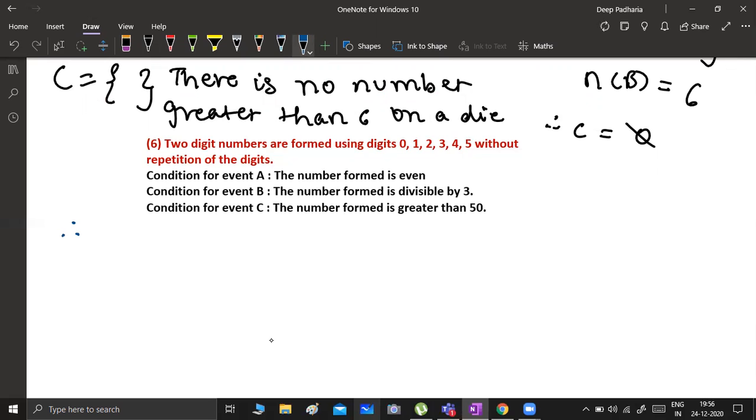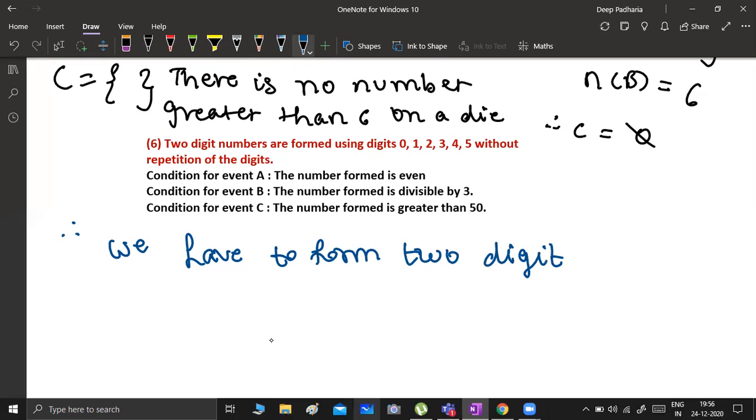So what we can conclude here is the digit formed using 0, 1, 2, 3, 5 without repetition. We have to form 2 digit number. ठीक है. Do you agree?